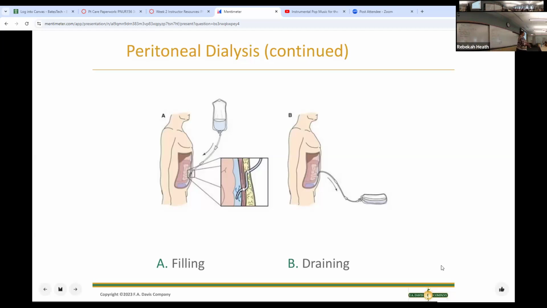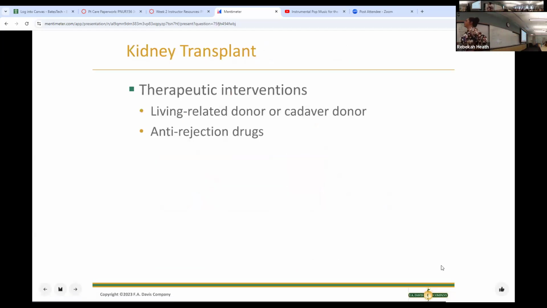We would get the antibiotics from pharmacy and put them in through that peritoneal cavity. We would do that for the ordered length of time, and that would help resolve the peritonitis.